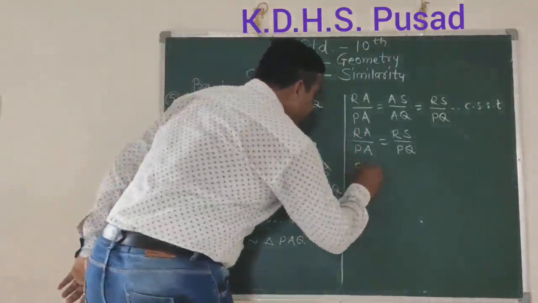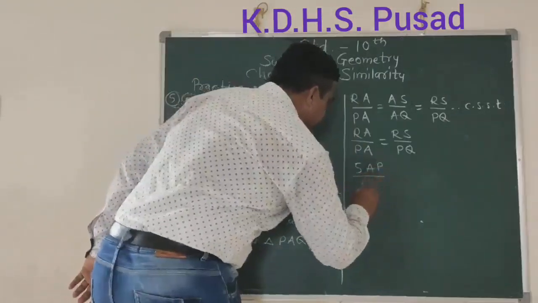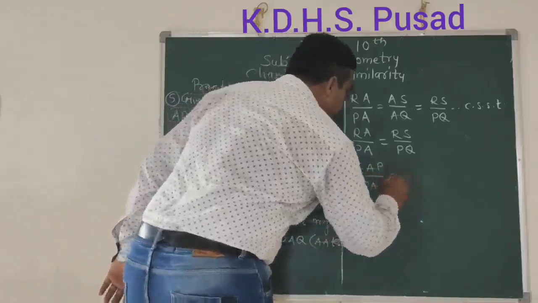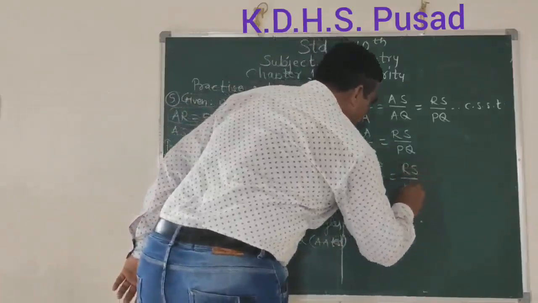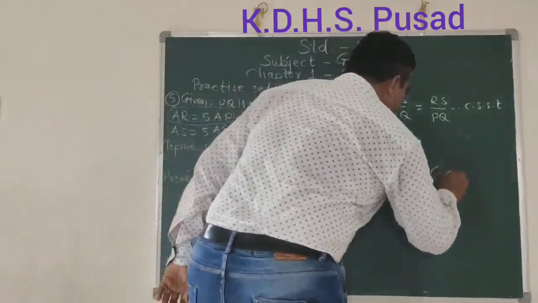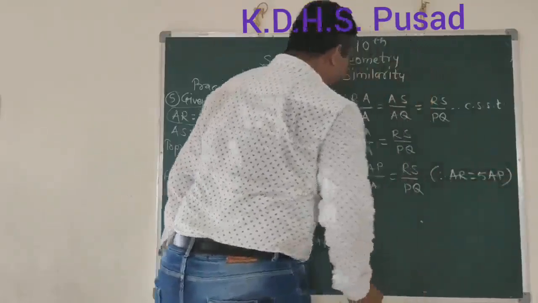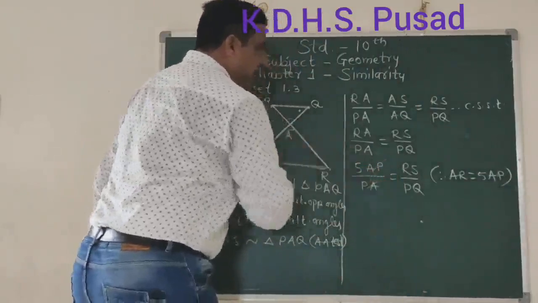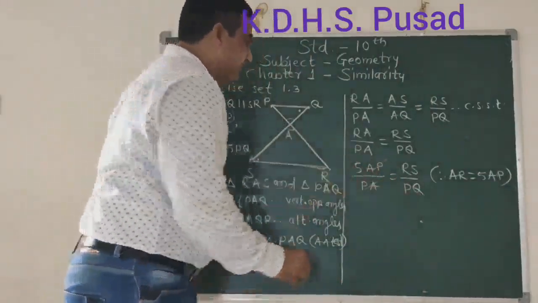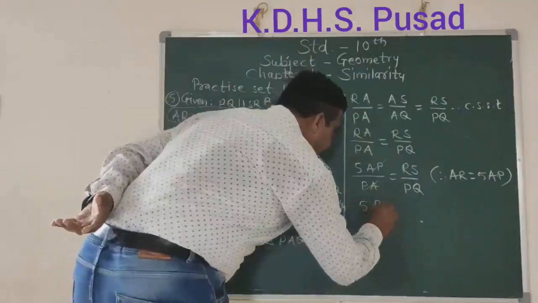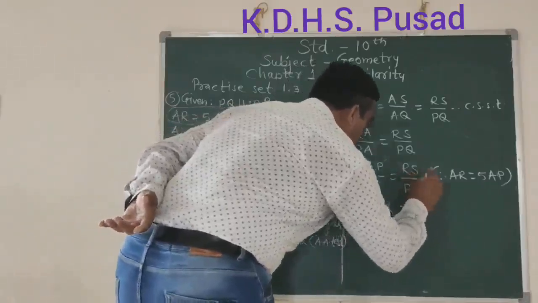So here 5 times AP by PA, that is AP, equal to RS by PQ. Here we mention that AR equals 5 times AP. Okay, so this AP gets cancelled. 5. Transfer this PQ to this side. 5 times PQ is equal to RS.